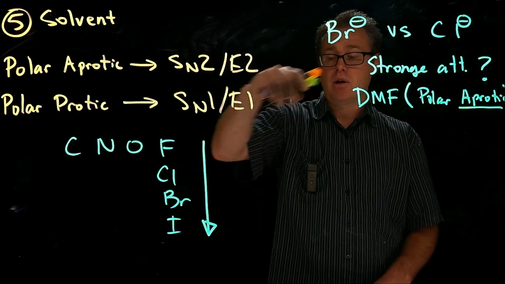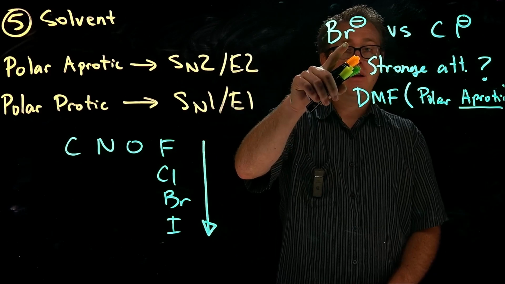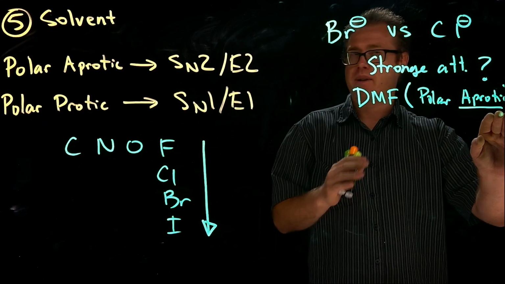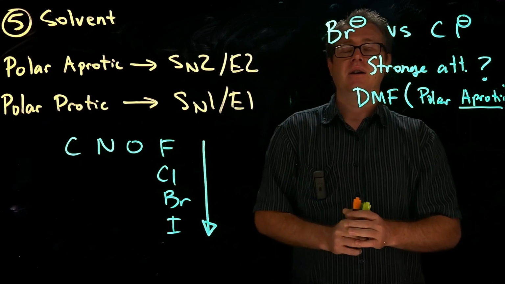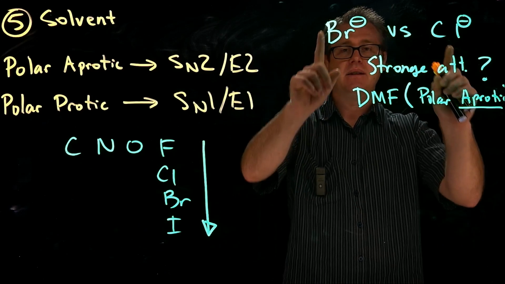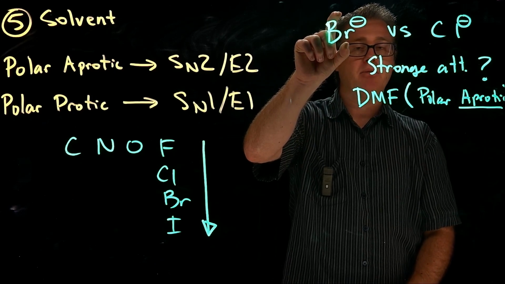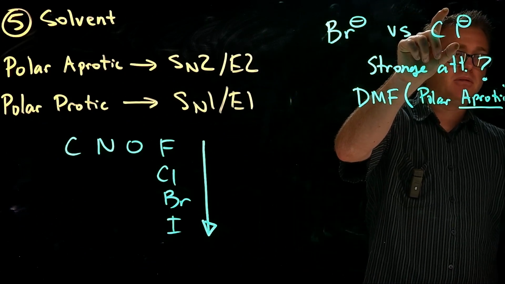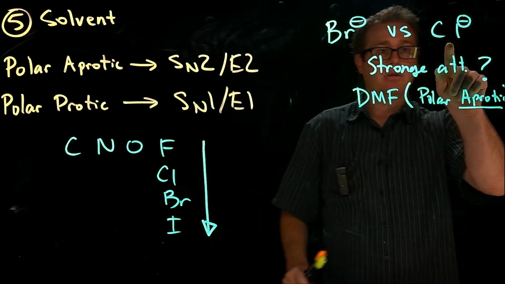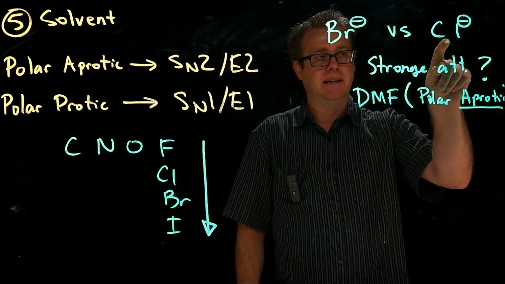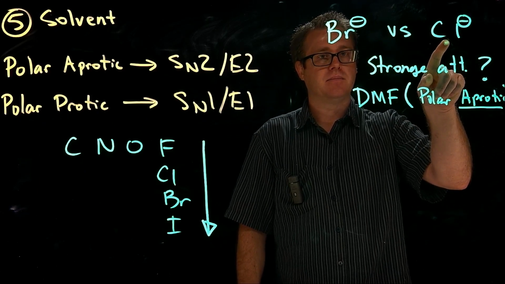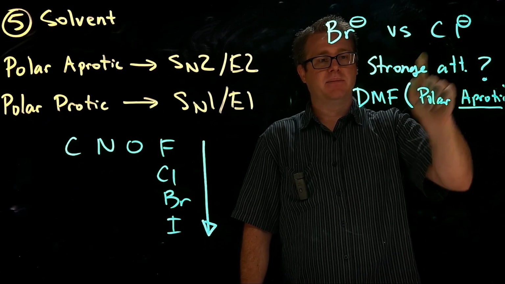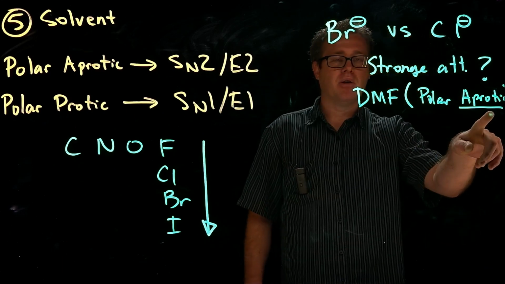So because we're going down, the bromide is larger. We're ignoring the solvent because it doesn't solvate the anions very well. We can say, based off of size, that this is going to be the more stable anion. So that makes that unstable in comparison to this, which would make the chloride the stronger attacking species in a polar aprotic solvent.